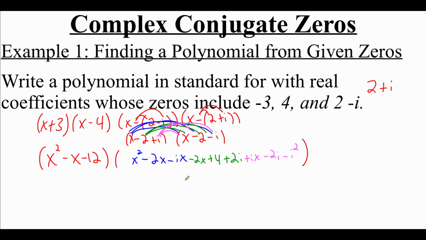Now I'm going to look at that second set of parentheses because there's going to be some cleanup work that we can do in there. The first thing I'm going to do is look for things that are going to cancel each other out. So I'm looking at the negative ix and the positive ix in there. Those will cancel each other out. I see a plus 2i and a minus 2i. Those will cancel each other out.